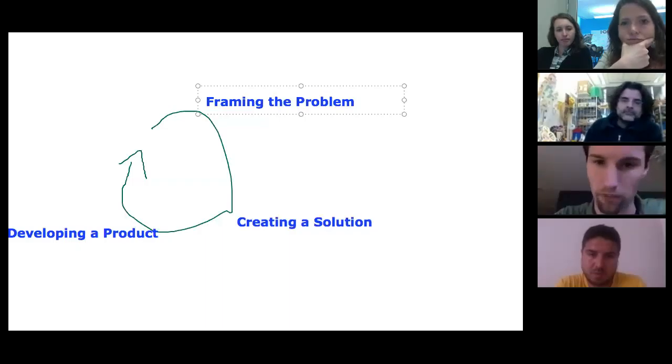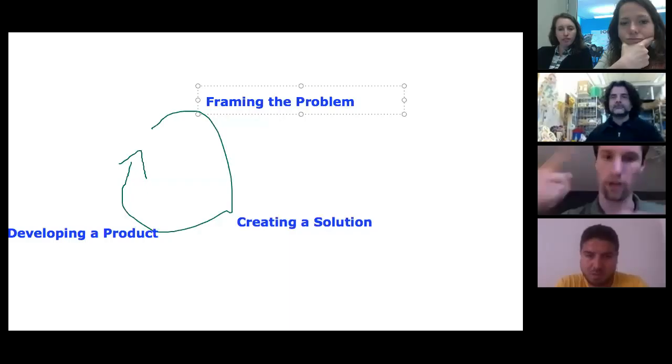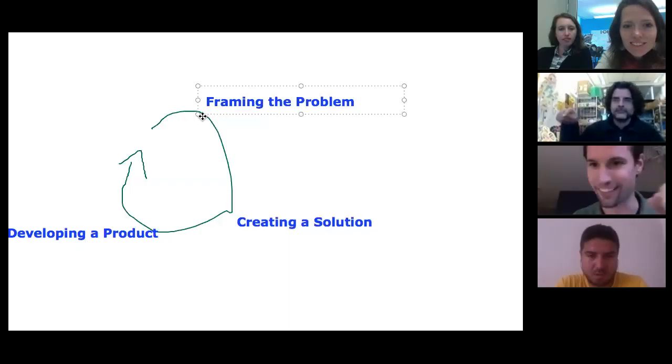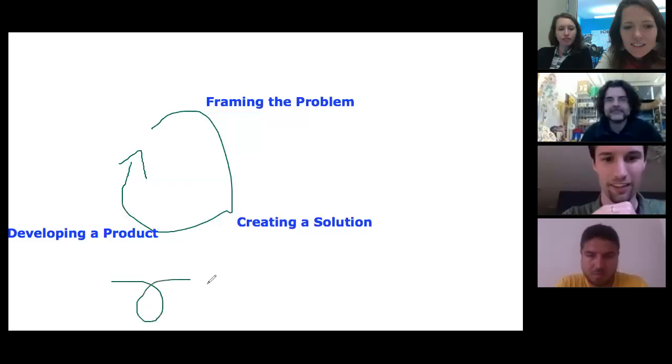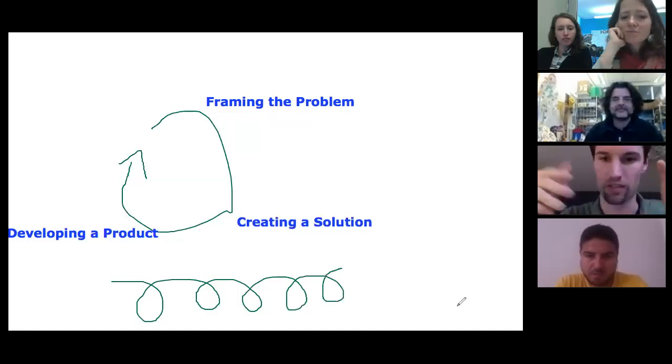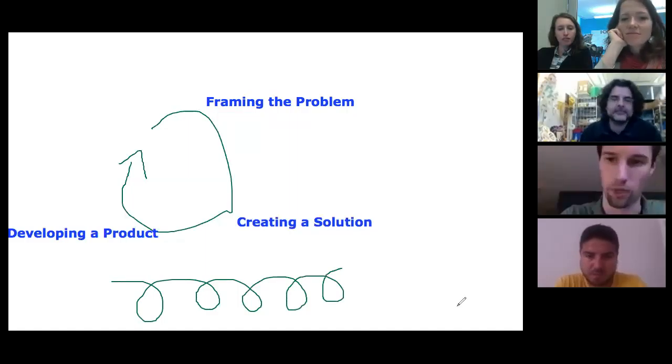So maybe that falls in with creating a solution, and you might test that idea with potential users or customers, and then iterate. I think, Ben, you guys have more of a cycle that moves horizontally. Yeah, right. And I appreciate that view, because as you go, you're retiring risks, technical risks and market-related risks, and maybe impact-related risks.